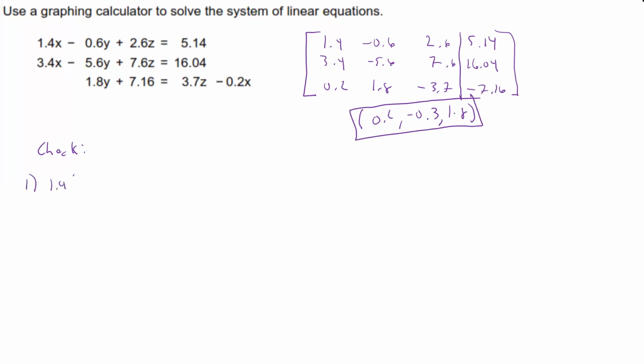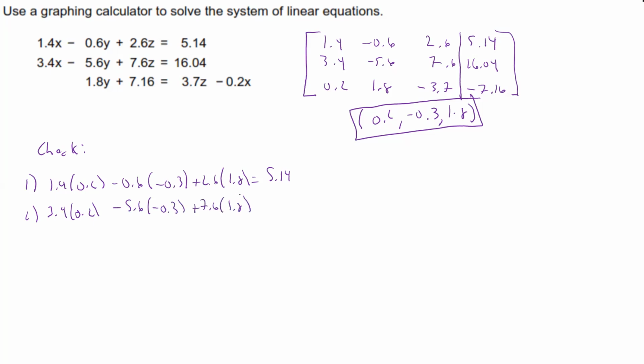So it's going to be 1.4 times 0.2 minus 0.6 times negative 0.3 plus 2.6 times 1.8, and that's supposed to be 5.14. Then we'll do 3.4 times 0.2, then minus 5.6 times negative 0.3 plus 7.6 times 1.8, and that's supposed to be equal to 16.04.